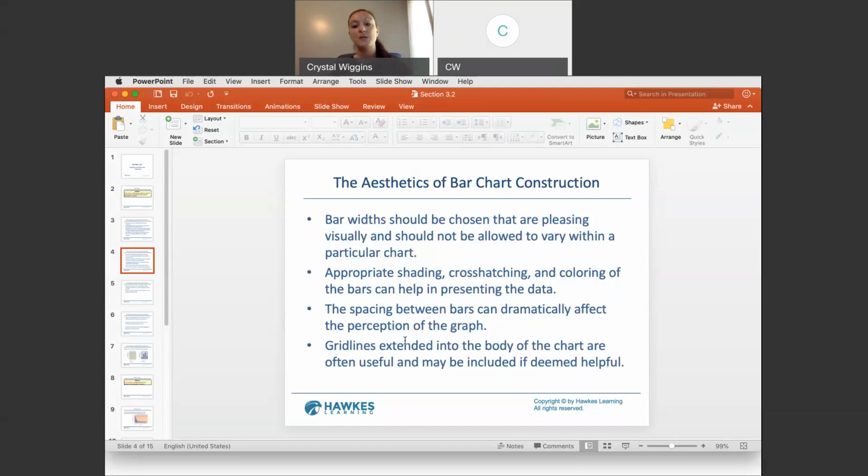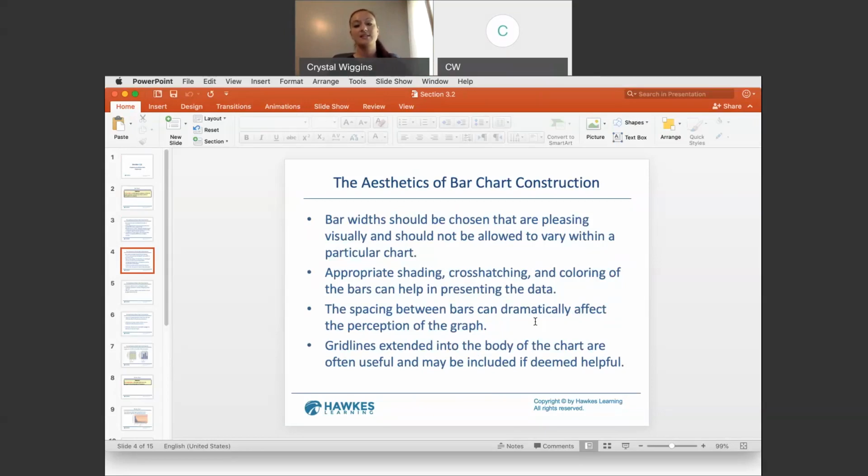The spacing between bars should also have an appropriate space and be equidistant between each bar, and make appropriate sense. This is categorical data, so there is no number line on the x-axis necessarily, so the spacing should be exactly equal and even.